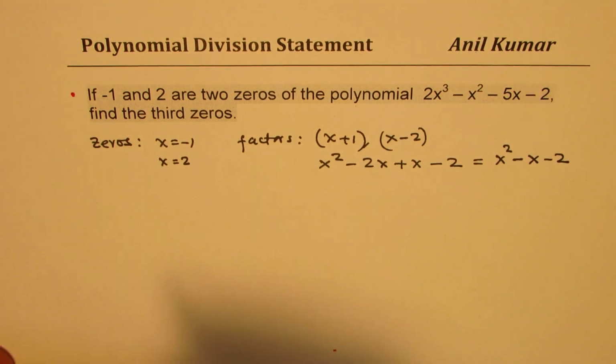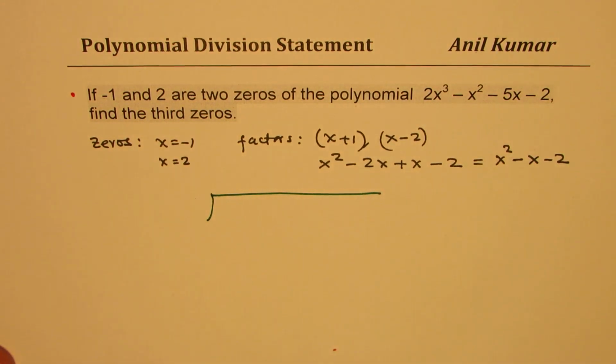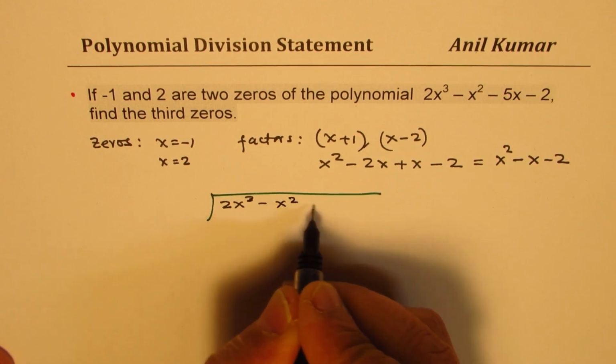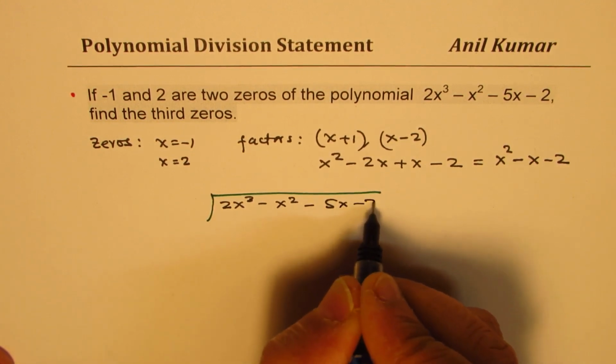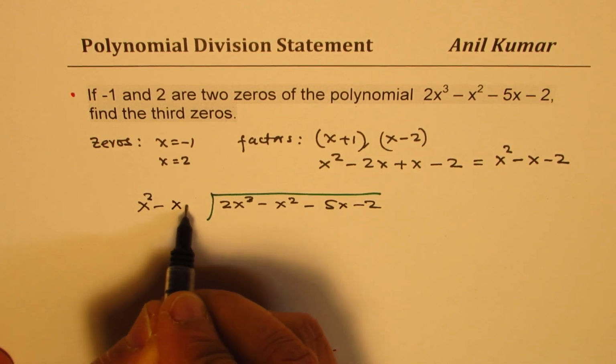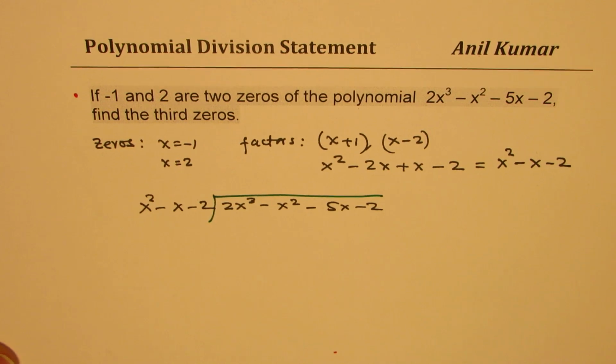So we are going to divide the polynomial, which is 2x cubed minus x squared minus 5x minus 2 by x squared minus x minus 2, correct? So once we divide, we will actually get the third factor.